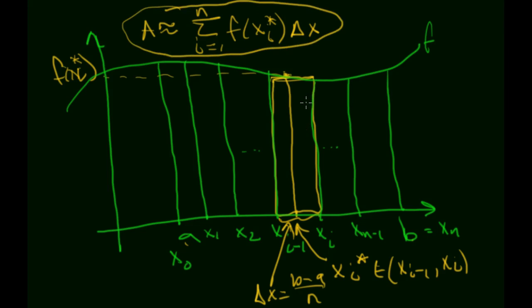And the way I make my approximation better is that I make n larger, right? So if n gets bigger, delta x is going to get smaller, and we're going to get a more refined answer. So we've got the drawing, we have the initial estimate, now we're going to refine that down to the notation that we're familiar with.